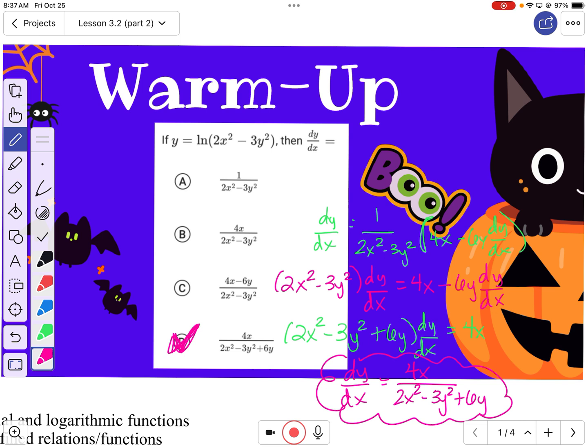Now I've got one single term times dy/dx, then the non-dy/dx term is by itself, 4x. So now we divide again and we end up with 4x over 2x squared minus 3y squared plus 6y, which would be D. Okay, so implicit differentiation, the hardest part is the algebra. The calculus is pretty straightforward.